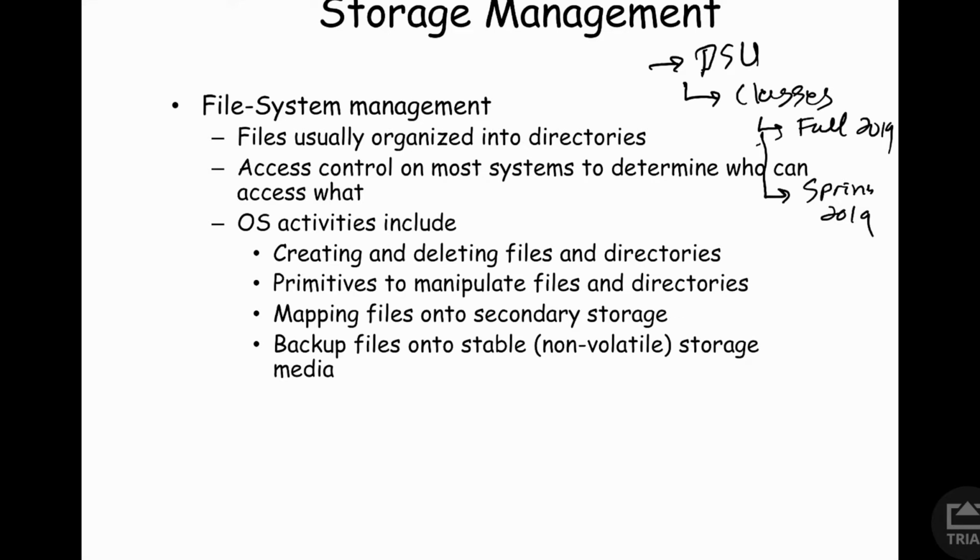Also, backing up files onto stable storage, right? That's typically done with an I/O controller, and you have a scheduler, and it wakes up every night or what have you, and stores it onto some type of tertiary storage, which is generally slower, but much, much bigger. Things like a tape, or if you're going to burn a DVD or what have you.